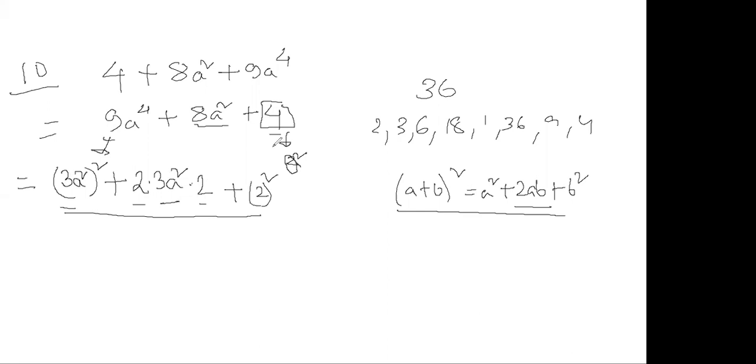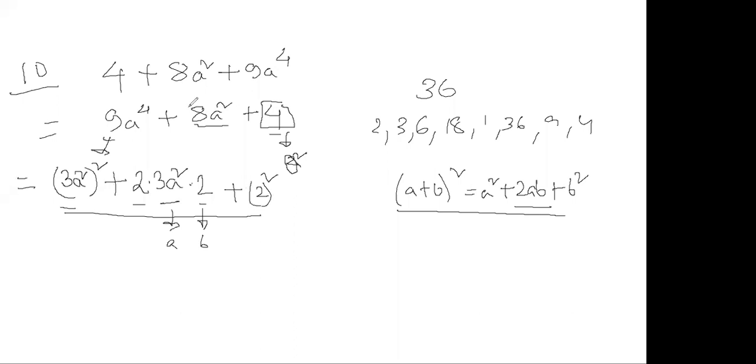So b should be from 4, because 4 is the square of 2, so b is actually 2. This is my b, this is my a, and this 2 is from the formula. Then plus b square. So actually what do we get? a square plus 2ab plus b square.